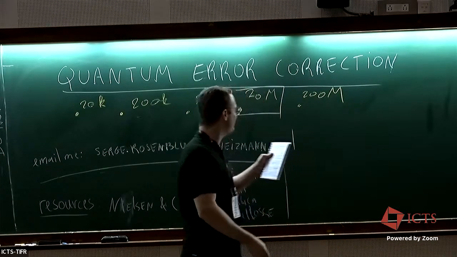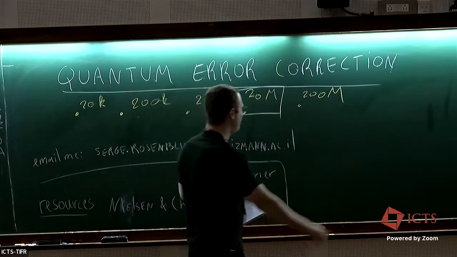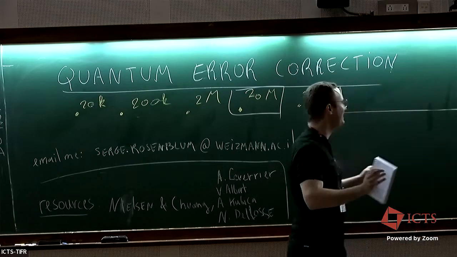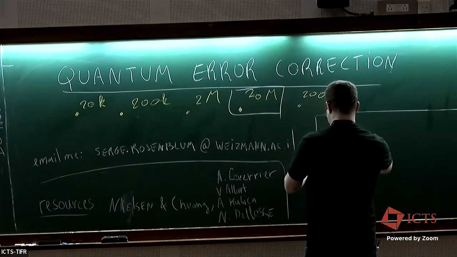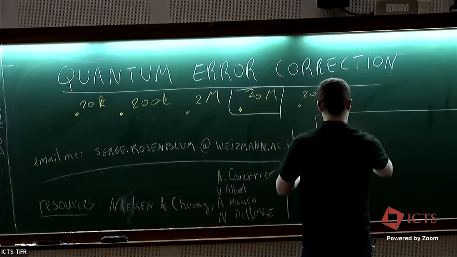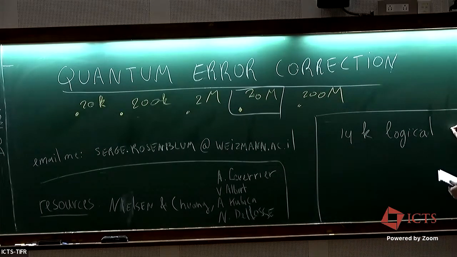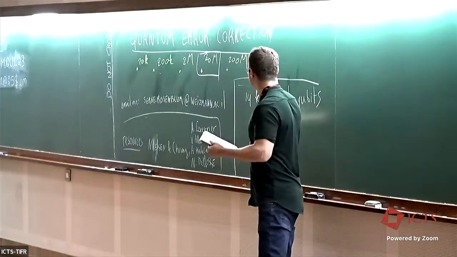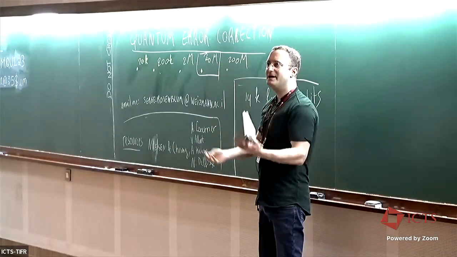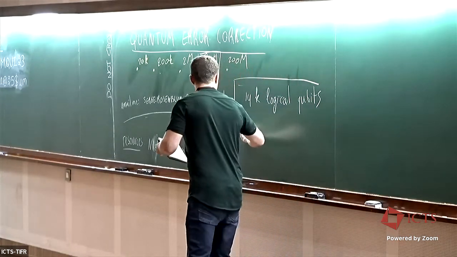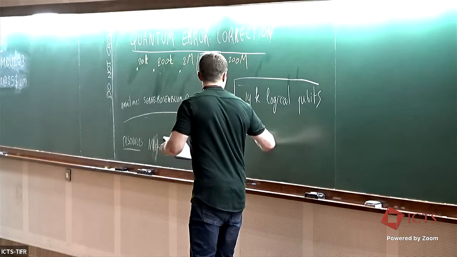And the reason we need so many qubits, even though the number of logical qubits that you need is about 14,000, so you need 14K logical qubits, is that this huge gap comes because every logical qubit has to be made out of about 1,000 physical qubits. And that's because of quantum error correction.